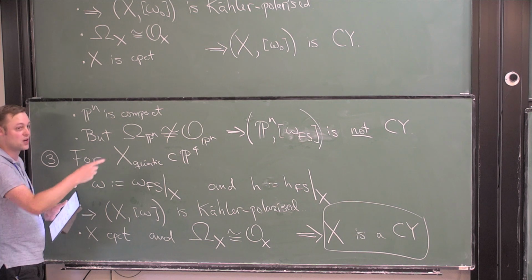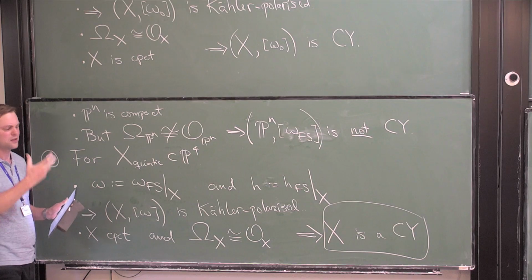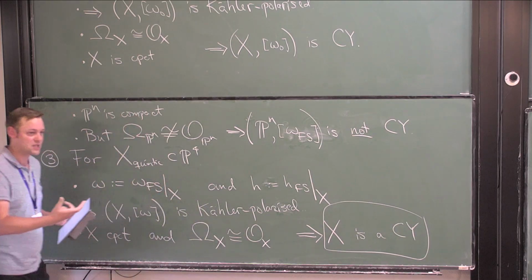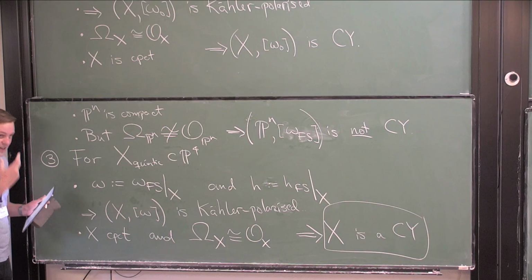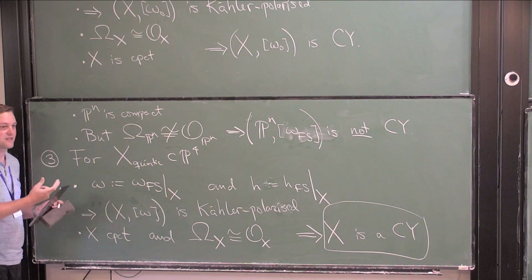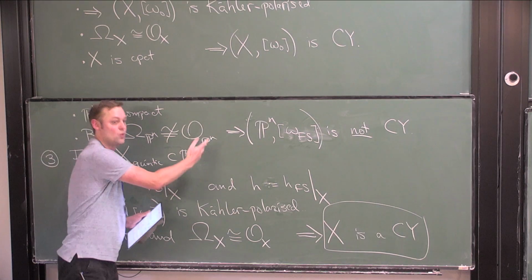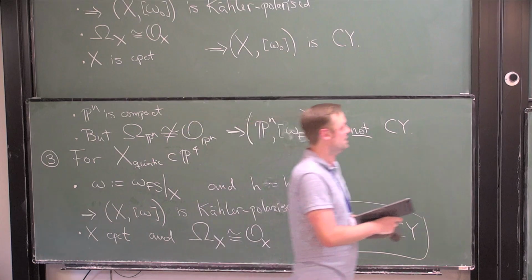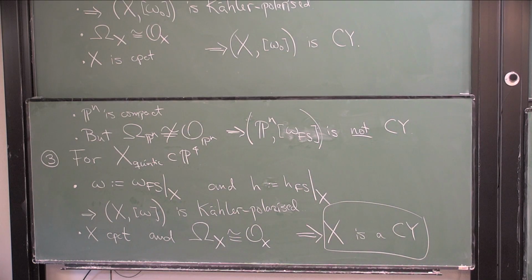As we saw, there is this numerical coincidence: the only hypersurface in P4 with trivial canonical bundle is the one whose degree is equal to 5, and that 5 is 4 plus 1. That's somehow the numerics. Does that make sense?